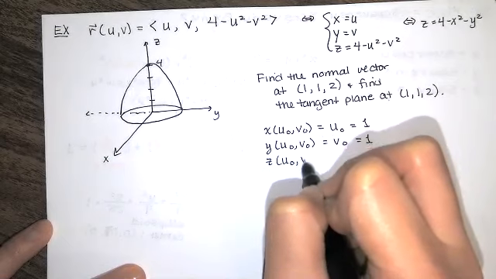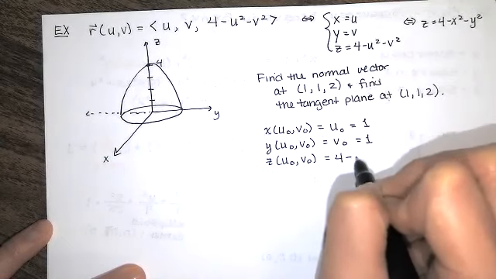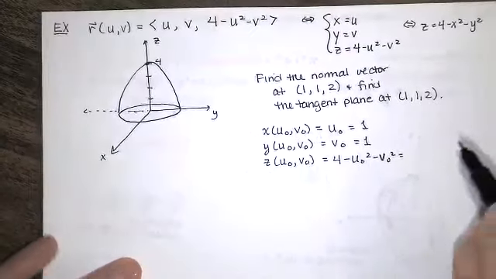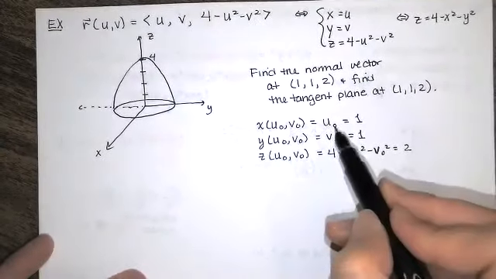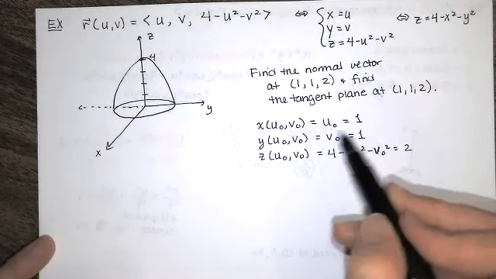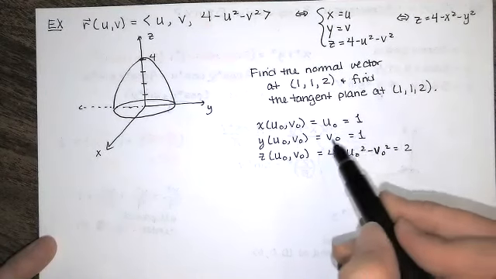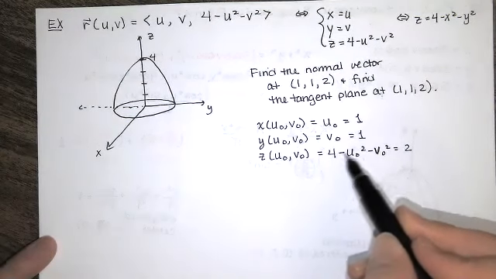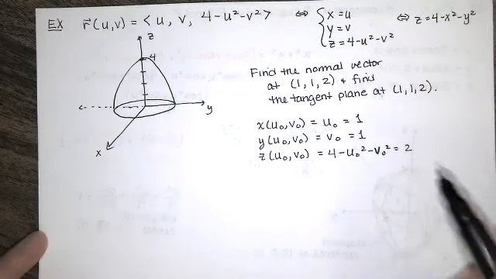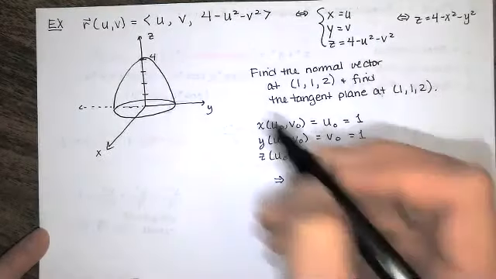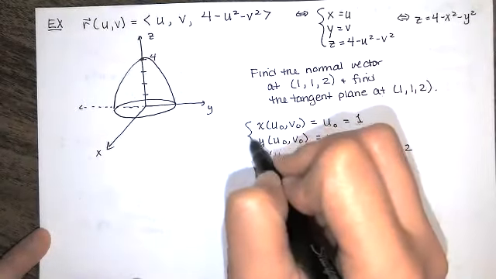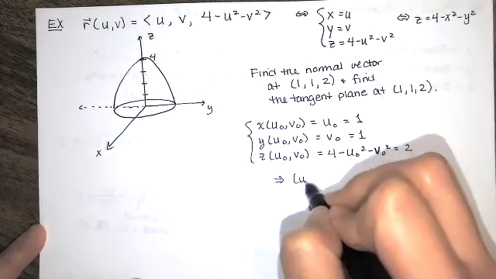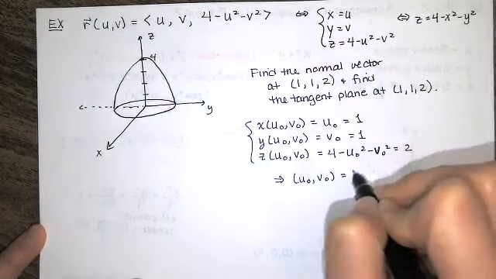And z of u naught and v naught, that's 4 minus u naught squared minus v naught squared, that's equal to 2. Well, because of this equation, it's very simple. U naught must be 1 and v naught must be 1. And if u naught and v naught are 1, we get 4 minus 2, which is 2. So that all checks out. So you just set the x, y, and z equal to this x, y, and z, and you infer the value of u naught and v naught, which in this case was very simple.